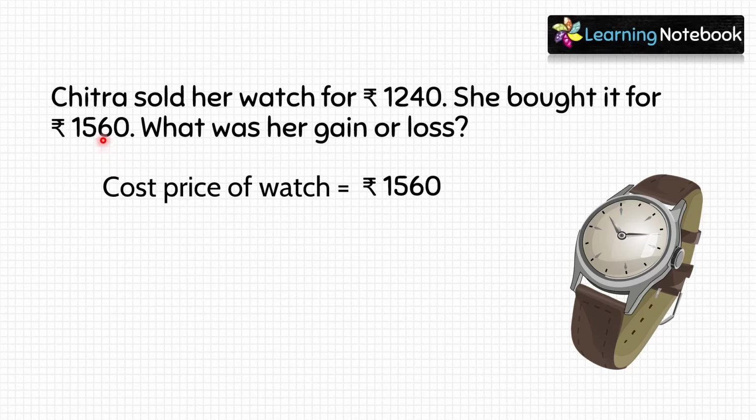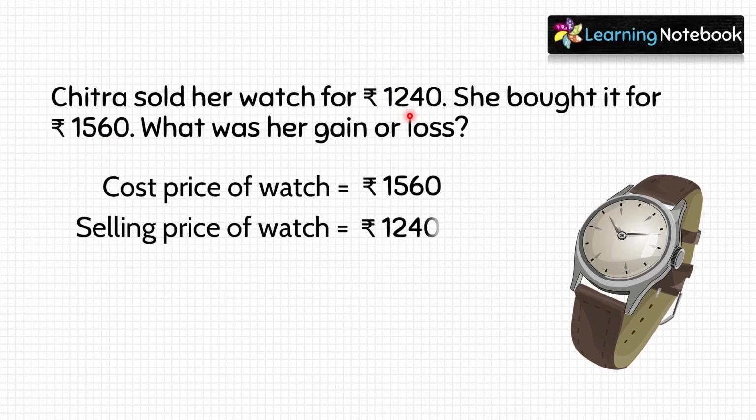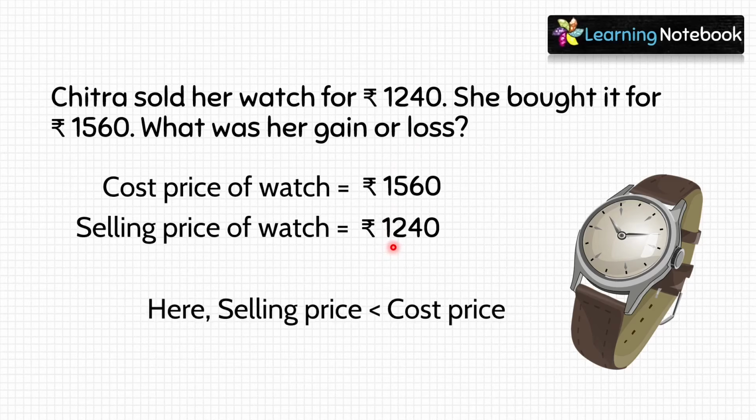And what is the selling price? 1240. Here, clearly, selling price is less than the cost price. So it means there is a loss.